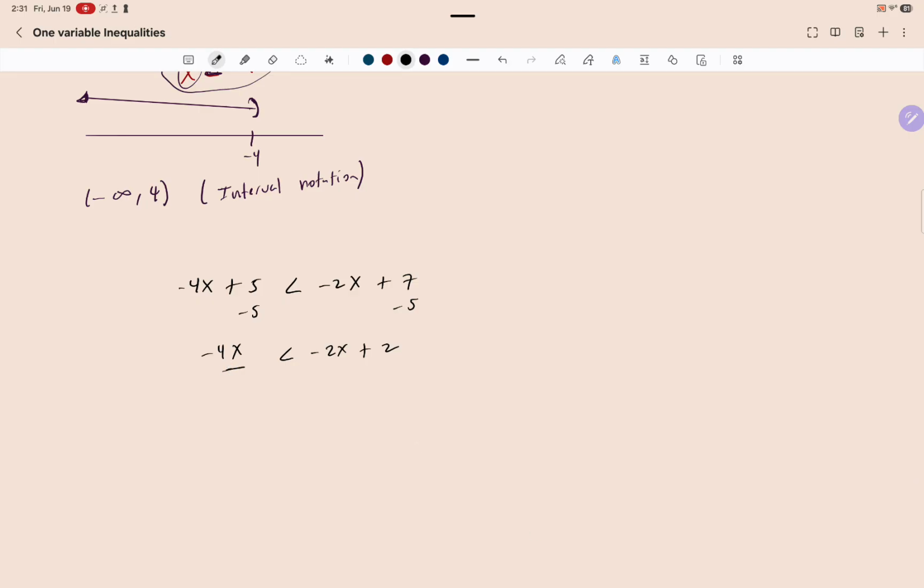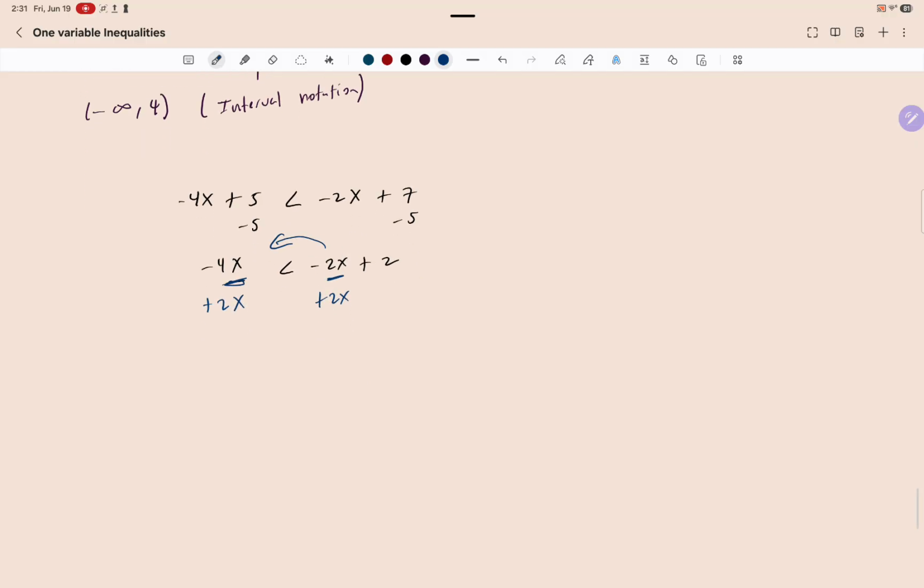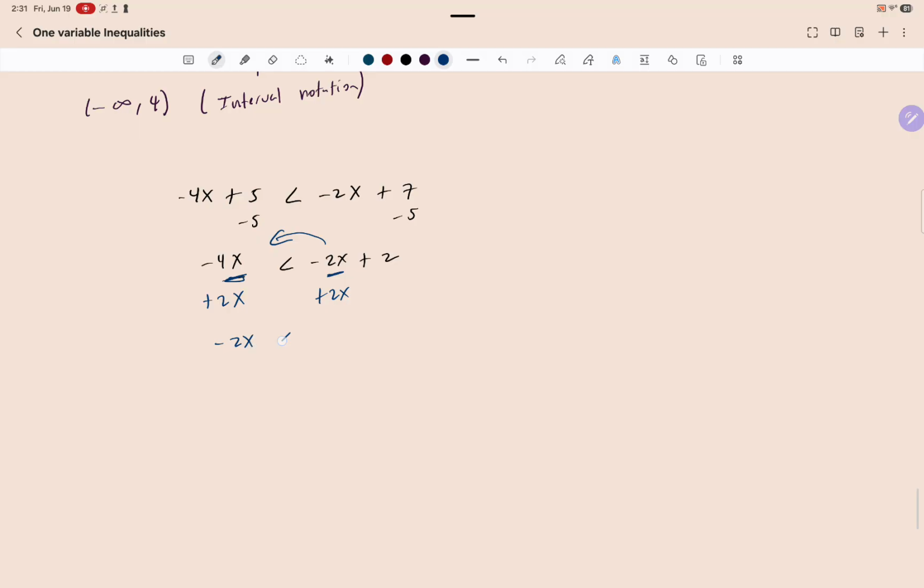But notice that I have x's on both sides, and I don't want x's on both sides. So I'm going to move this negative 2x to the left-hand side. And since it's a minus 2x, that means I'm going to add 2x to both sides. So I get negative 2x is less than 2. Okay, perfect.